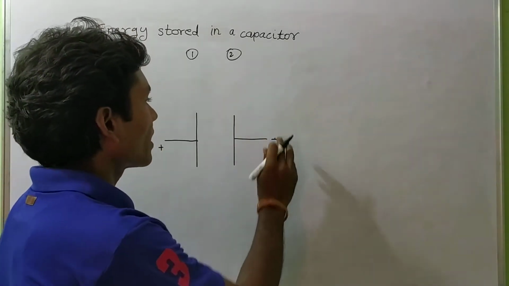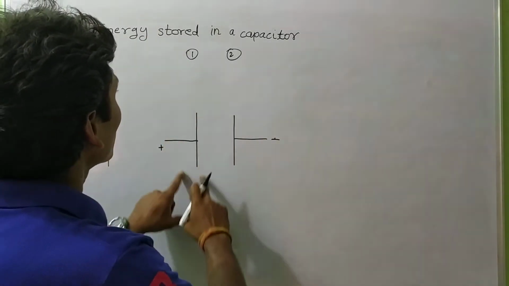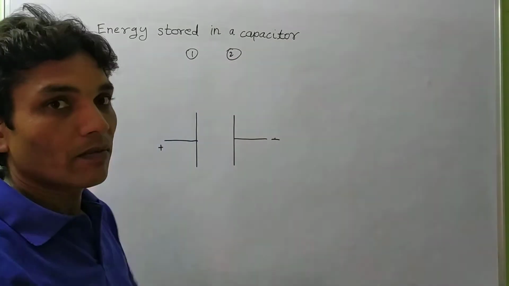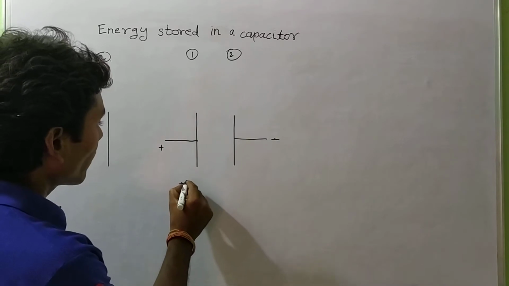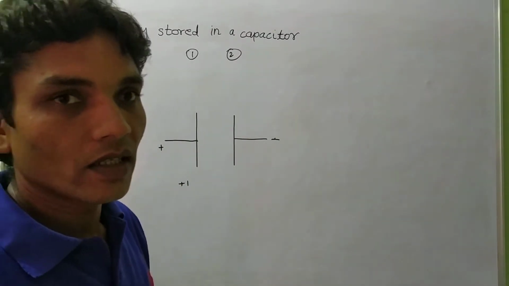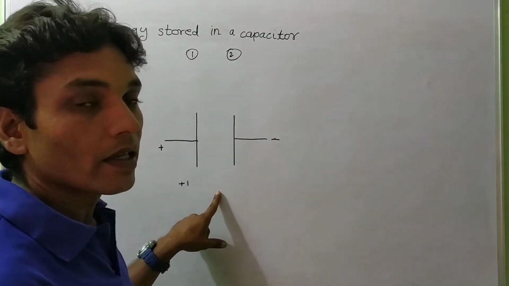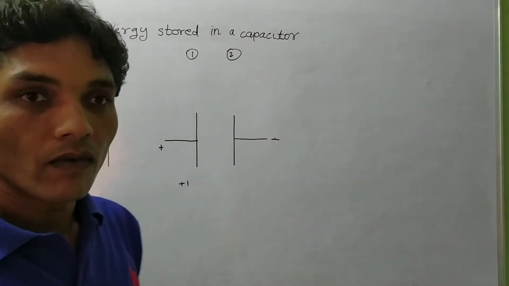Initially, there is no charge over the surface of the first and second plates. That's why, on applying the first bit of positive charge to the first plate, work does not have to be done. Why?